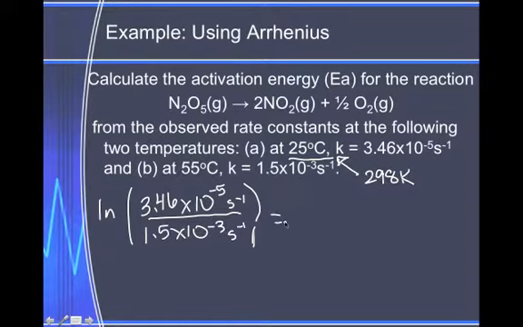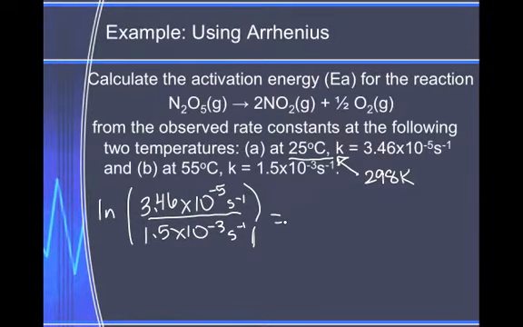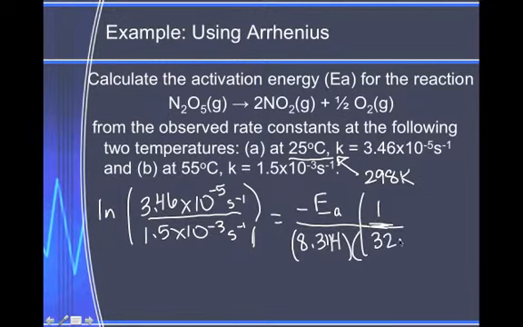And that's going to be equal to, what else does this say about it? Minus E sub A. That's what we're trying to solve for. So that's 1 over 328.15 minus 1 over 298.15.